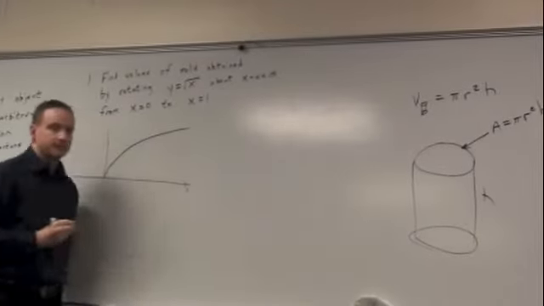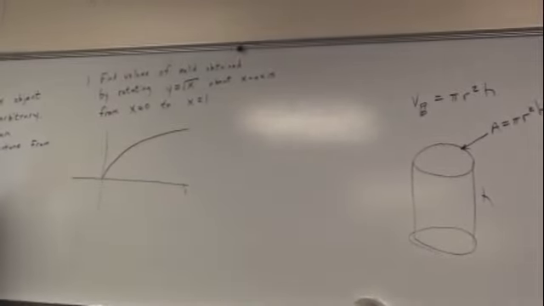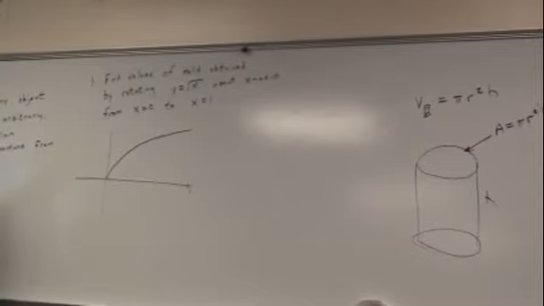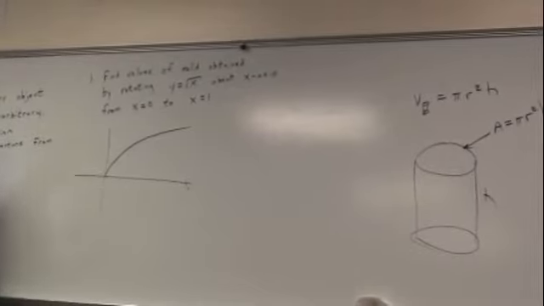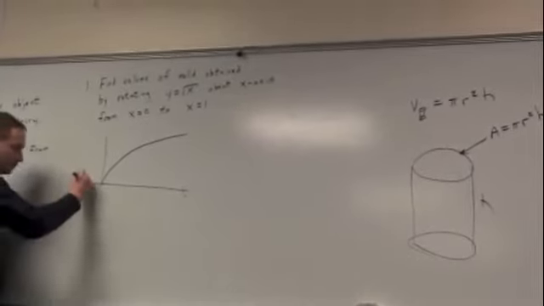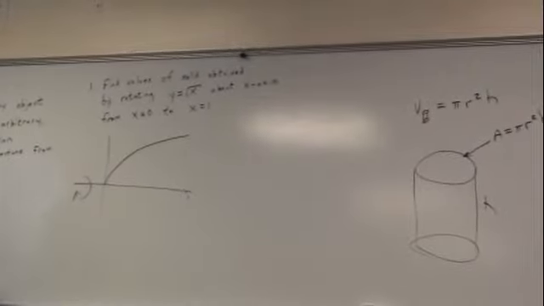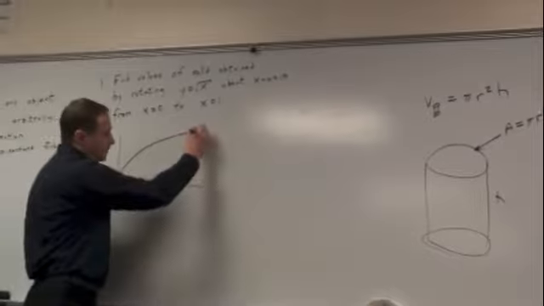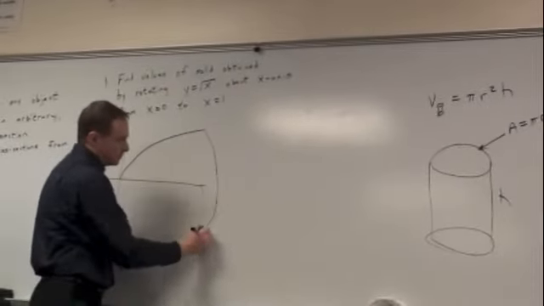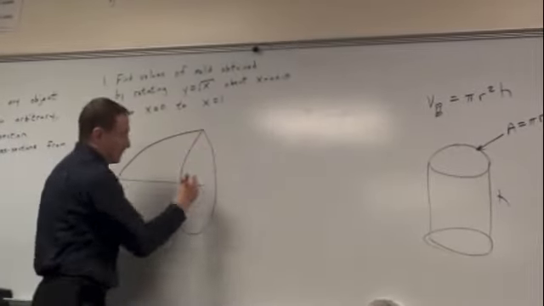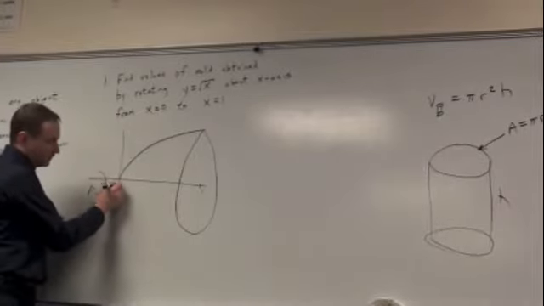That's my 1. Now, what am I doing with this? My axis of revolution is my x-axis. So I take this object, the square root of x, and I need to rotate it about the x-axis. When I do that, it's going to look something like this.